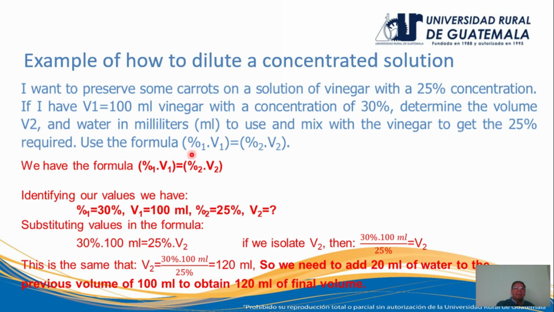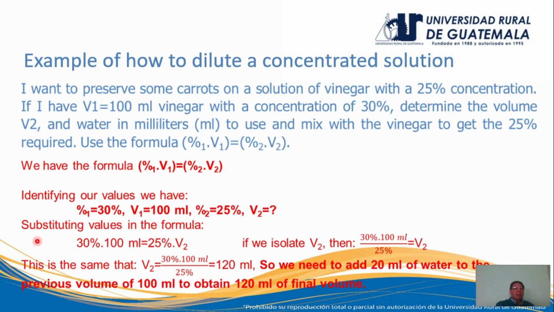Use the formula percentage 1 multiplied by V1 equals percentage 2 multiplied by V2. If we identify our values, percentage 1 is 30%, V1 equals 100 milliliters, percentage 2 equals 25%, and our unknown variable is V2.